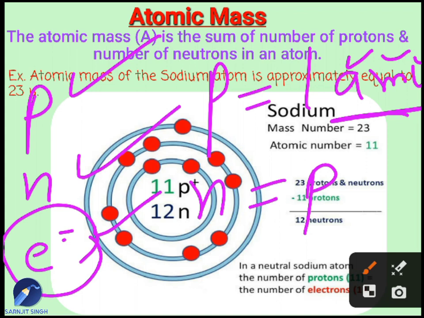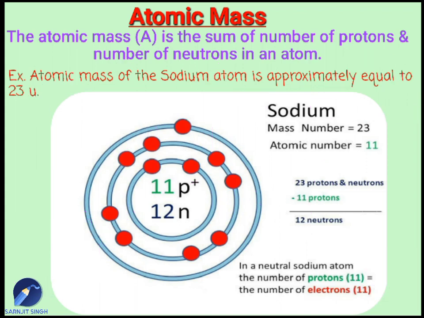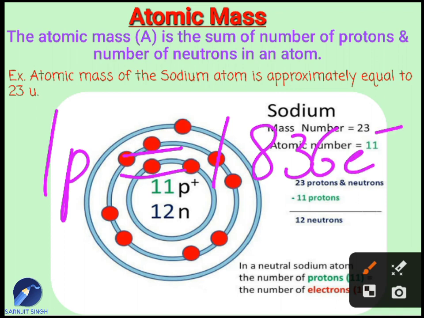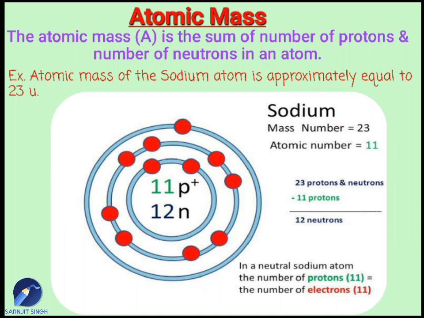One proton is approximately equal to 1836 electrons in mass. That is why the mass of the electron is neglected when counting the atomic mass.